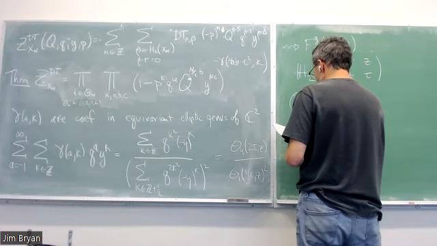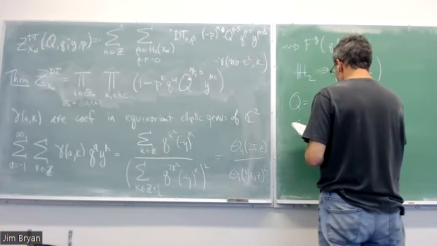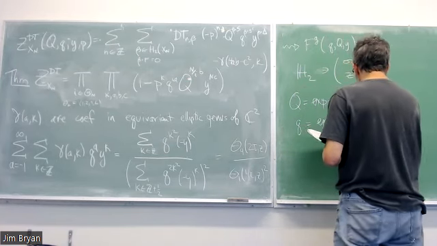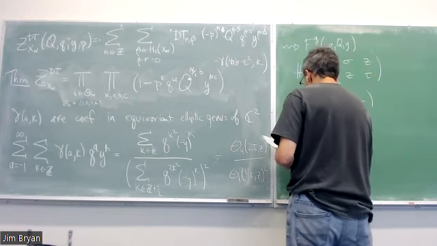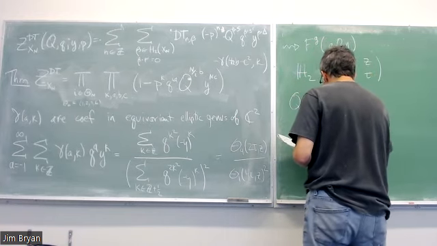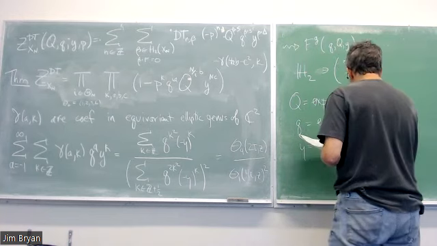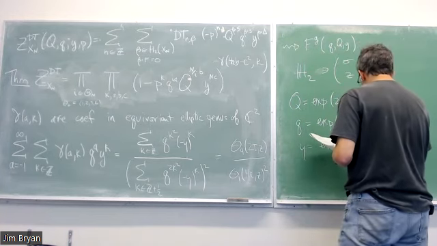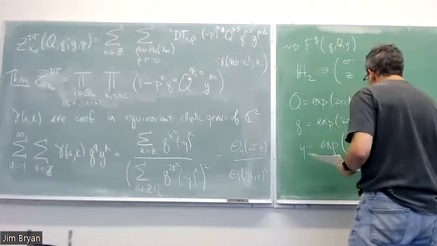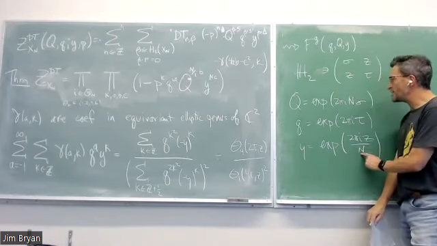Little q is the exponential of 2 pi i tau, and y is the exponential of 2 pi i z over n, up to maybe this factor of n.